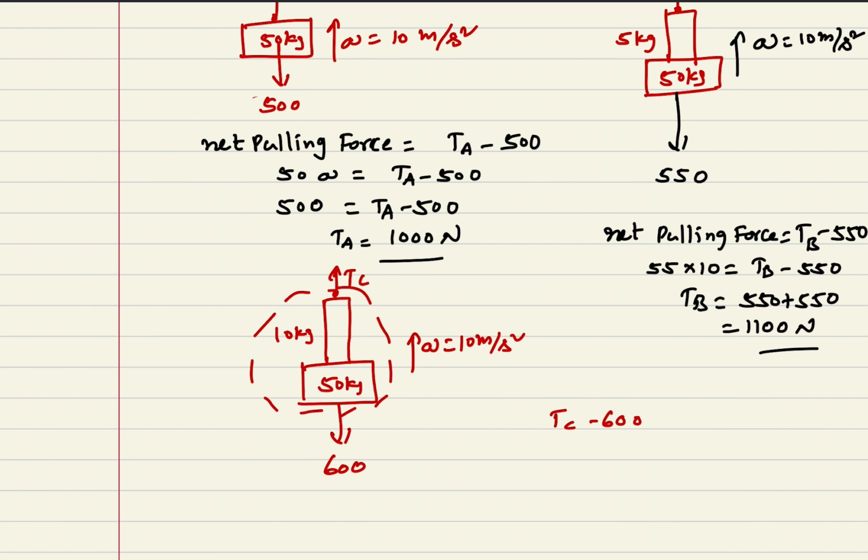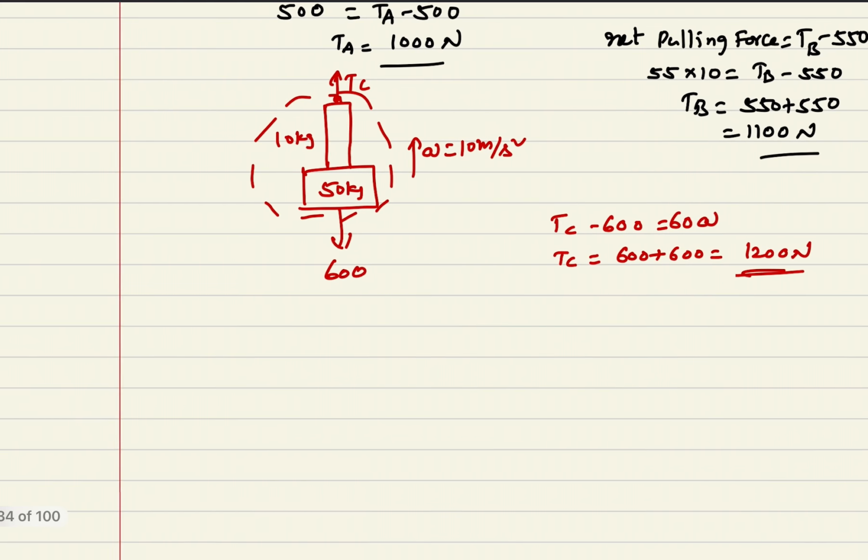We can write TC minus 600 is equal to 60 into acceleration A. So TC is equal to 600 plus 600, you can get 1200 newtons acting on TC. Means the force acting on this 10 kg body plus 50 kg body is 1200 newtons. This is the tension at different locations.